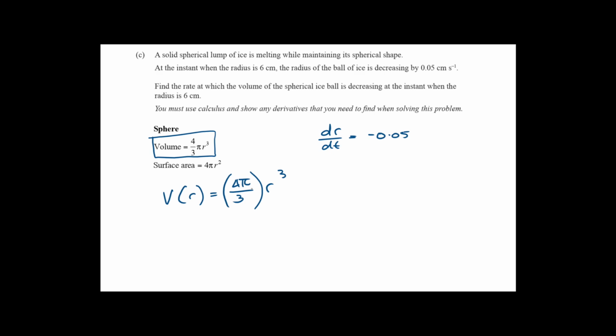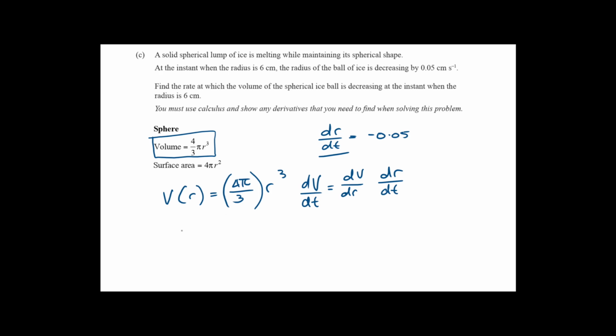It's going to be an irrational number, but it's still a real number. So that tells us that dV with respect to time, which is what we're really looking for, is going to be equal to dV dr times dr dt, and the dr's are going to cancel. Well, we know dr over dt.